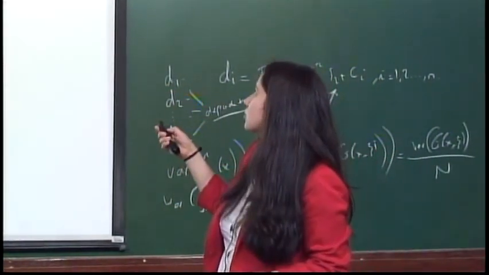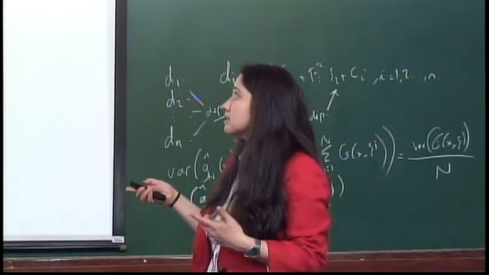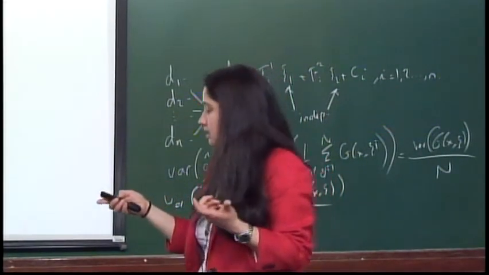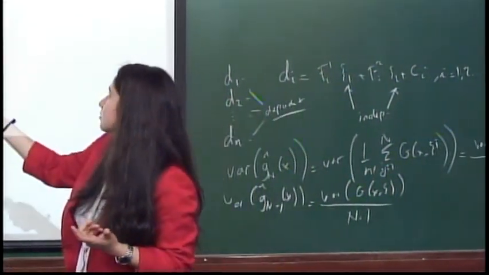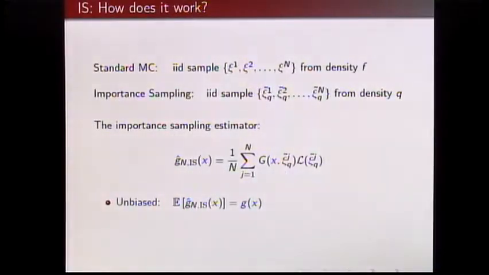But to get an estimate of this G of X, I have to adjust it with the likelihood. So I generate my samples from Q, and then my estimator is defined like this. Okay? Any questions? All right.